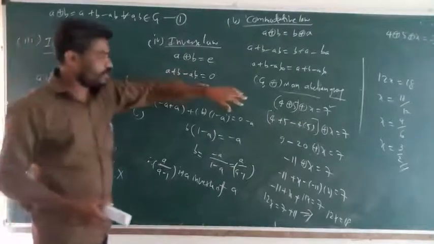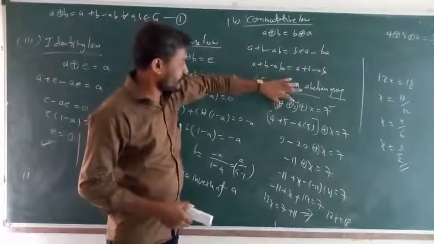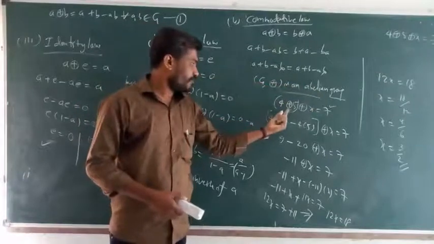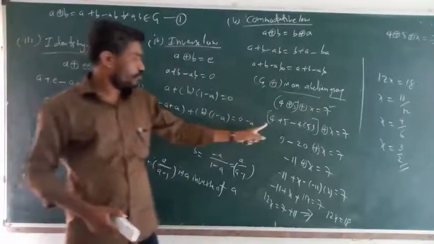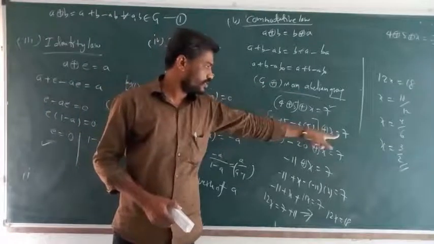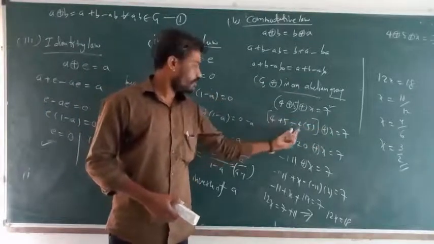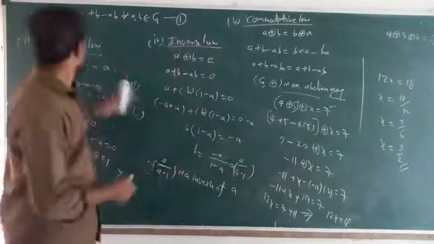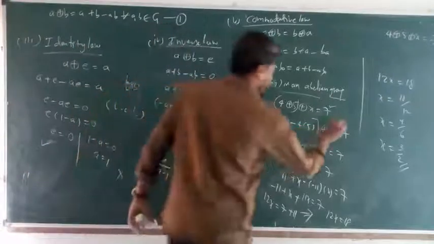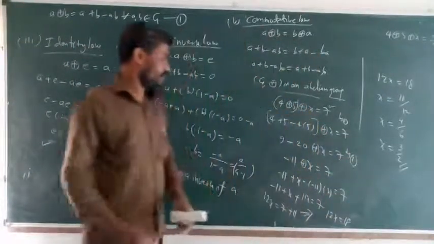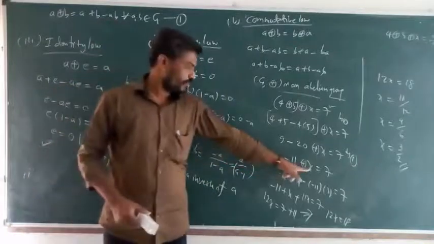So my process: 4 direct sum 5 direct sum x equal to 7. First, 4 direct sum 5, applying this condition, 4 plus 5 minus 4 into 5, direct sum x equal to 7. So 4 plus 5 is 9, minus 20, after simplification minus 11 direct sum x. Again substitute, a equal to minus 11, b equal to x.